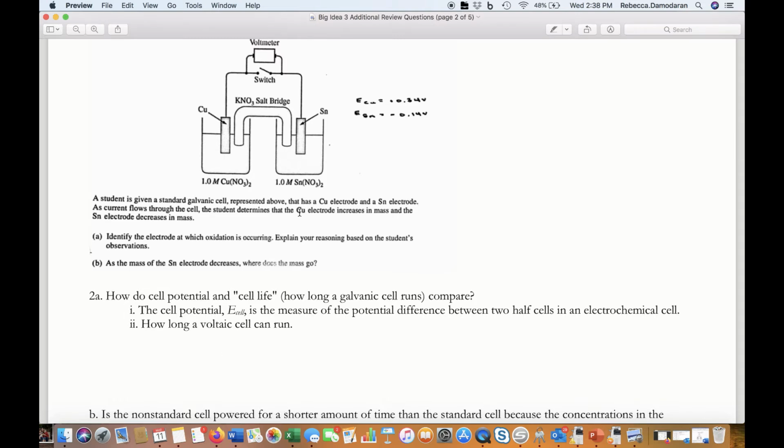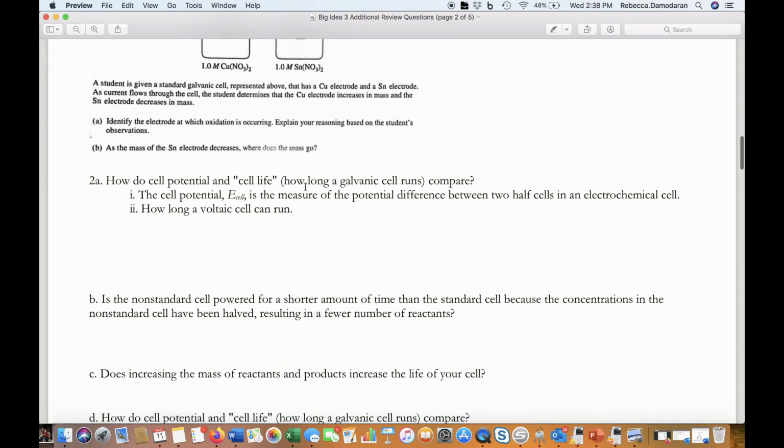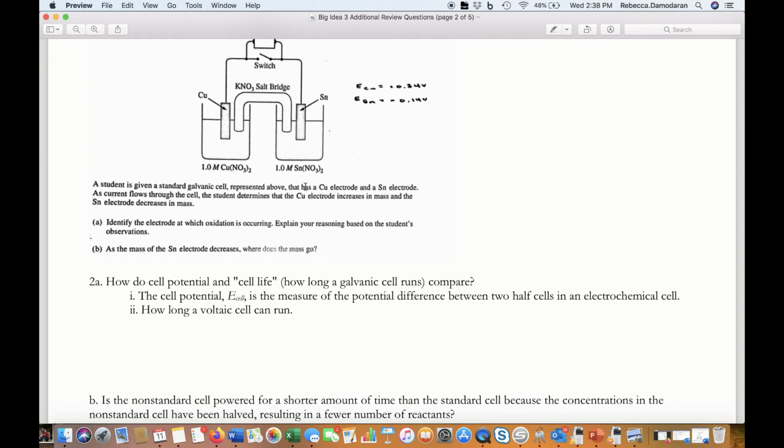because you have fewer reactants. The reason I want to reduce the concentration of both is that if I reduce the concentration of just one of them, for example a reactant, that would cause a shift to the left and decrease my cell potential, which would require more time for the cell to eventually die.